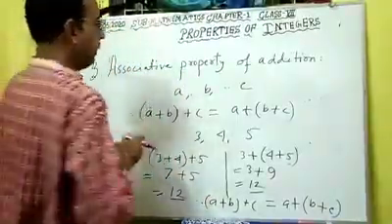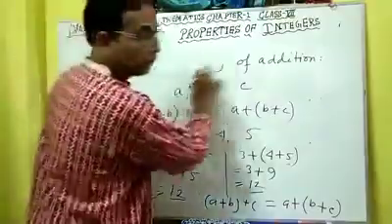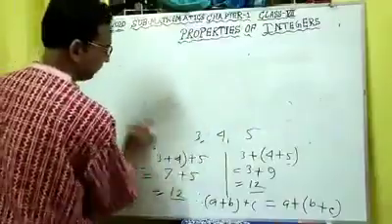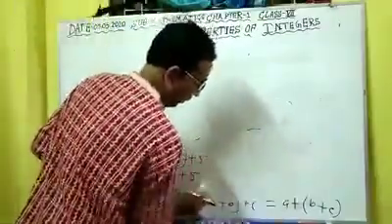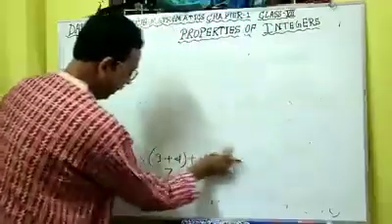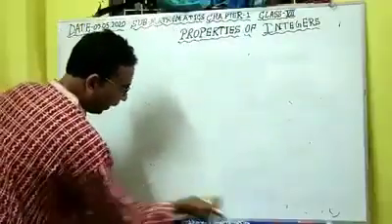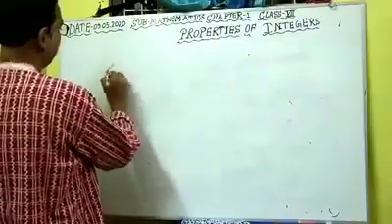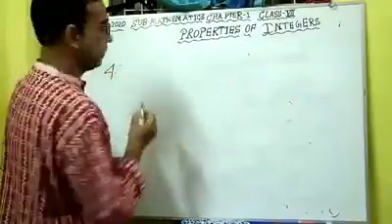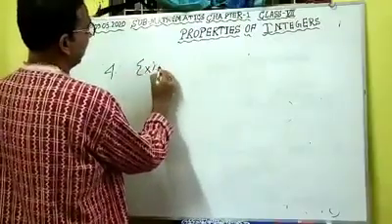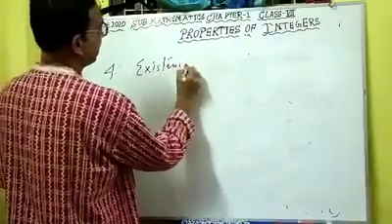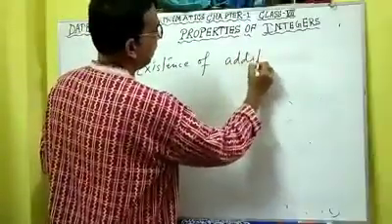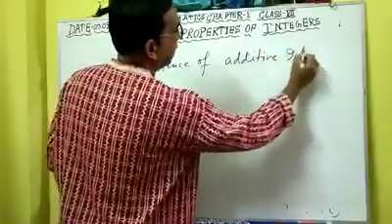The fourth property is existence of additive identity.